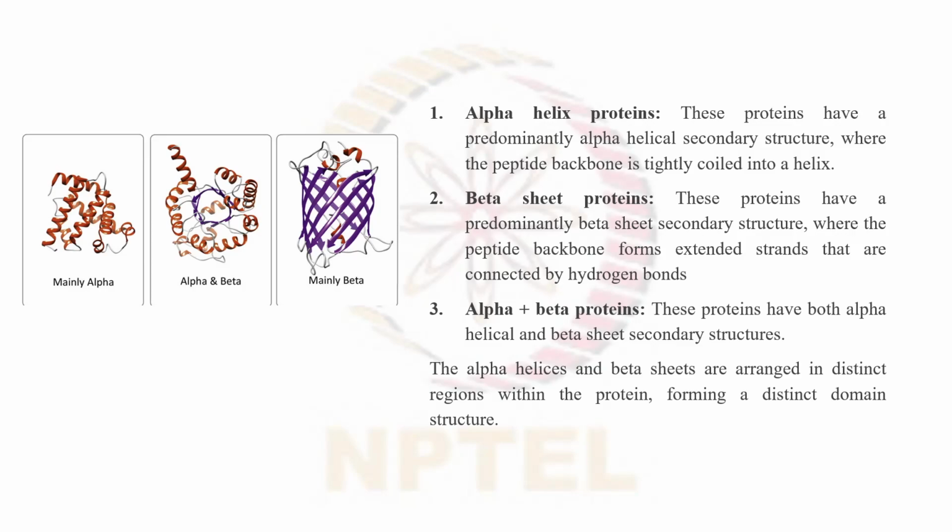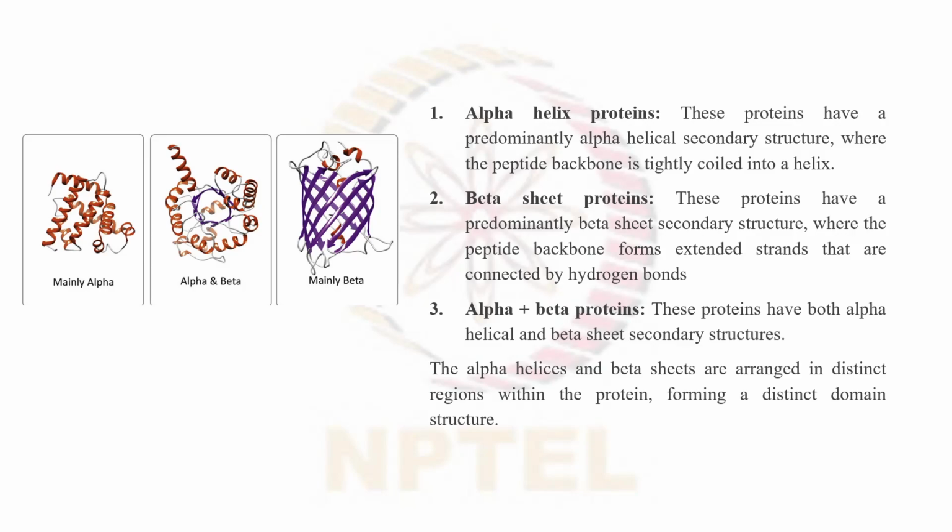To summarize this slide, proteins can be classified into several structural classes based on their overall fold and topology. Each class has its own distinct characteristics and function, and understanding these structural classes is essential for understanding the structure and function of proteins in living organisms.